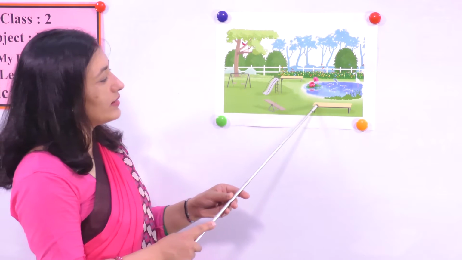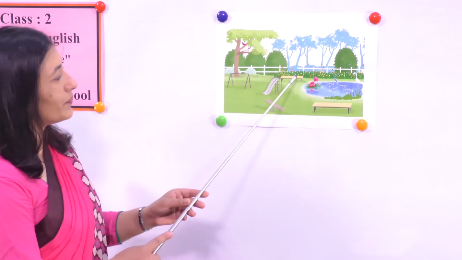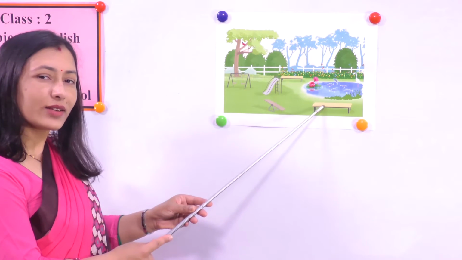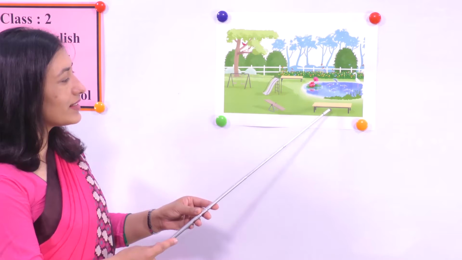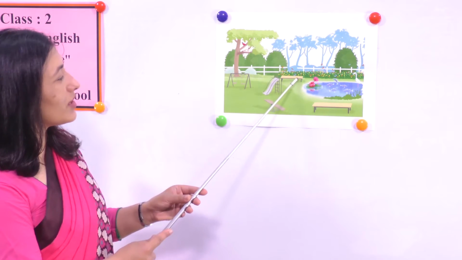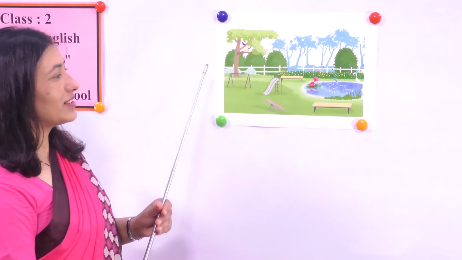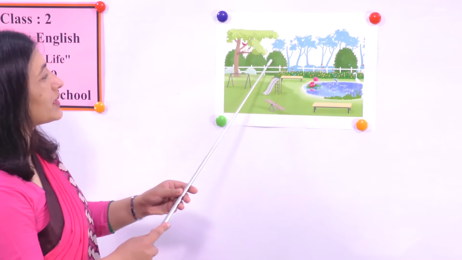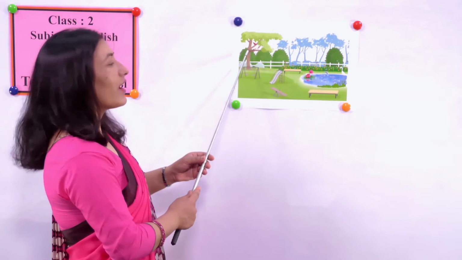And what are they? Look at here. This one and this one. What are they? Good. Benches. There is a bench and there is also a bench. So, two benches. So there are so many things. And what do you see here? The big one. Yes, a tree.